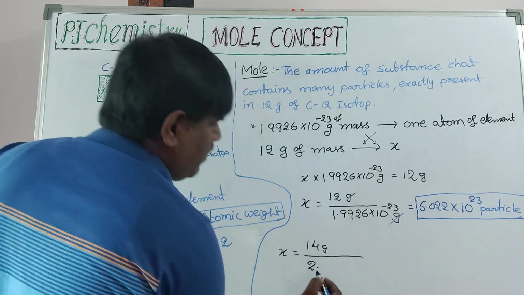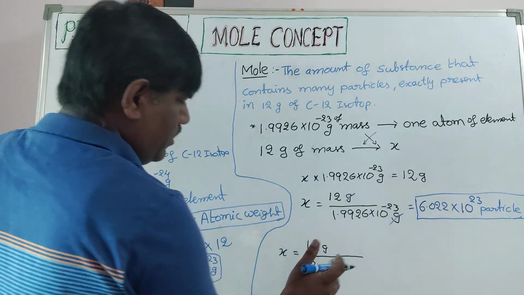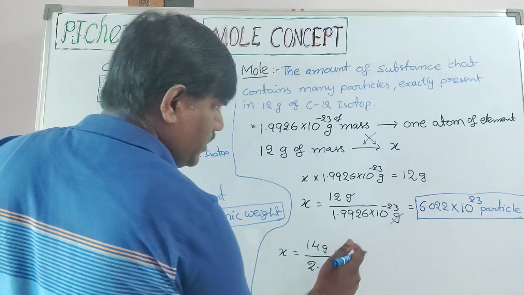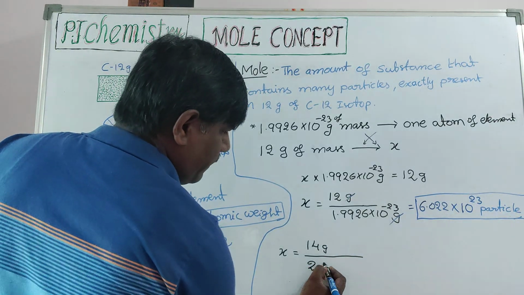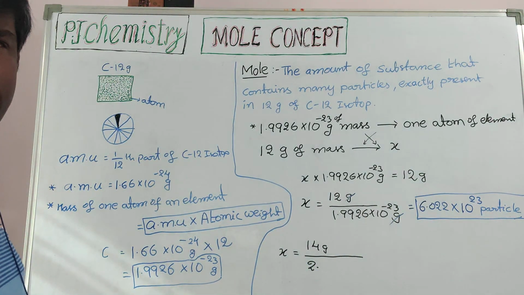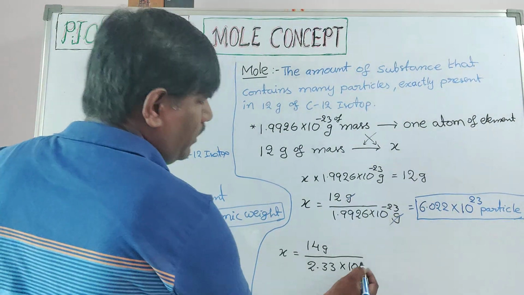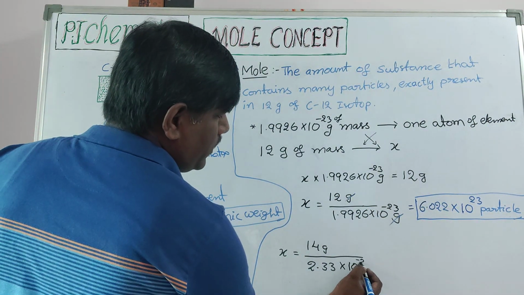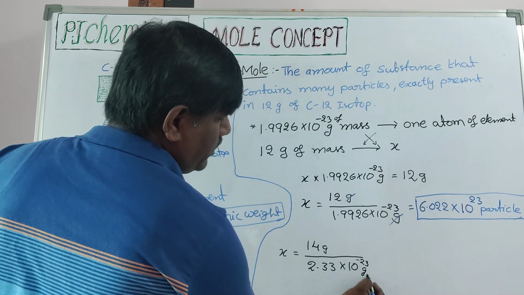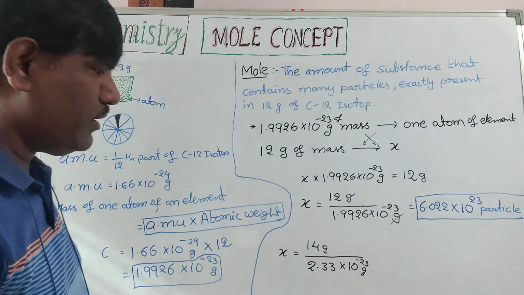The mass of one atom of nitrogen is 2.33 into 10 power minus 23 grams. If you want, you can calculate.